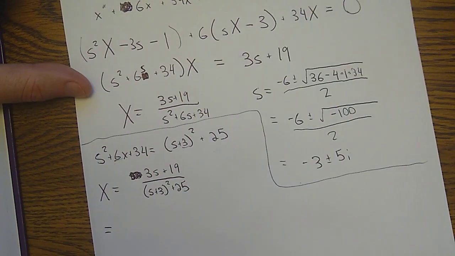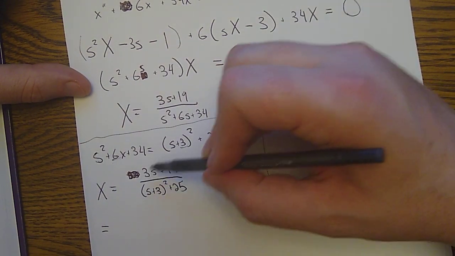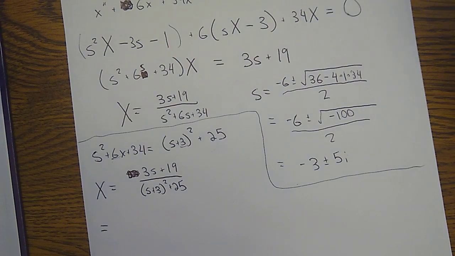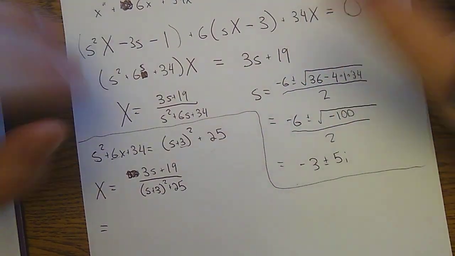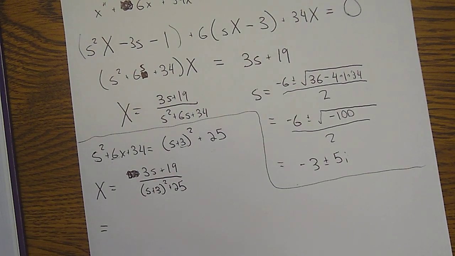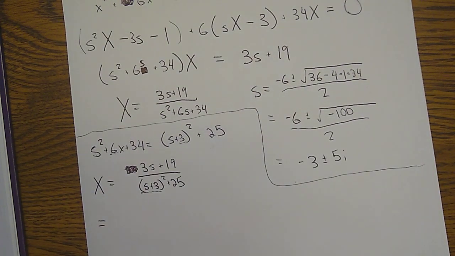And remember how I want to do this. Now that I know I have an s plus 3 down here, I want all my appearances of s to be in parentheses with a plus 3.